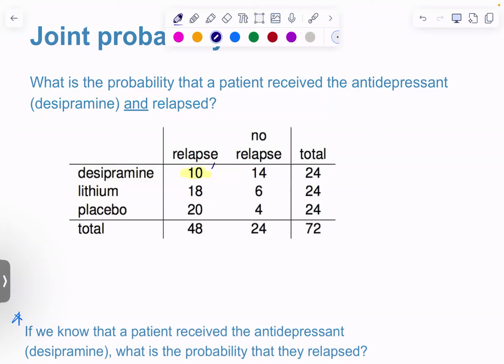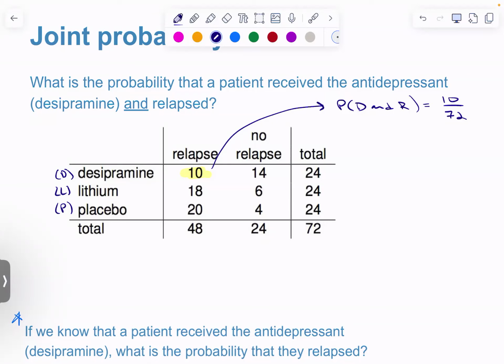So from the table, the probability of being on, let's call this D and this L and this P, on desipramine and relapsed is going to be 10/72 from the table.